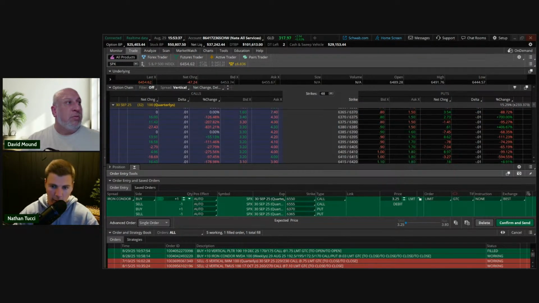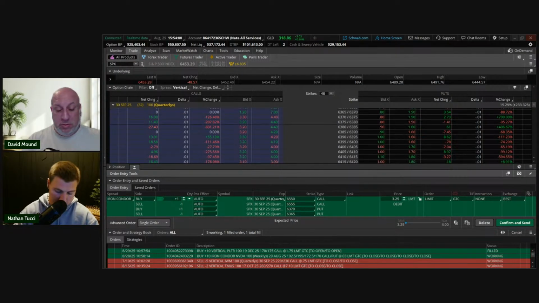That's the trade now correctly thrown up on my screen. So you would buy to open the SPX September. Great call by whoever said to do the September 30th. Definitely got more liquidity there. 65.50 call. You would sell to open the SPX September 30th.